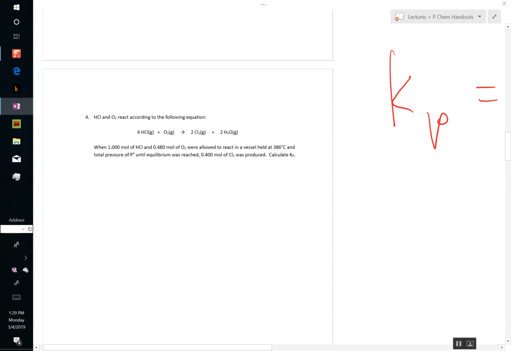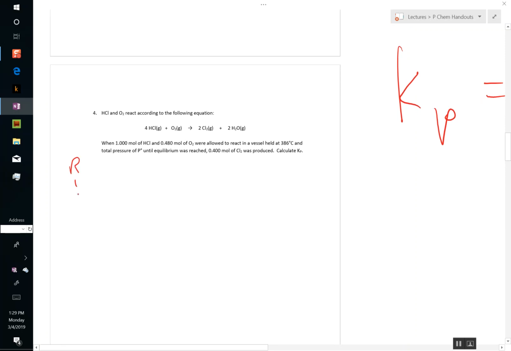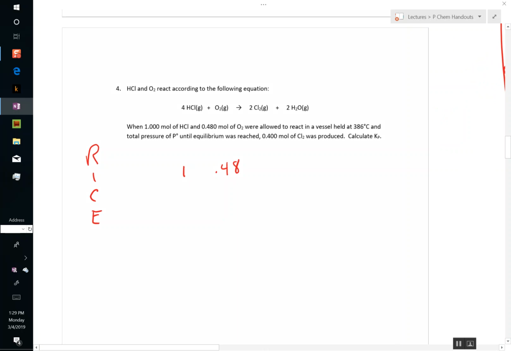Okay, remember RICE? Yep. You did that. So initially you got 1.48, 0, and 0. And then they give us 0.4 of CO2 is made, so you can back calculate everything else. And so what do you get? 0.2, and then minus 0.2, minus what over here? 0.8.